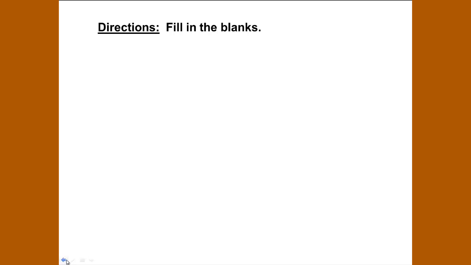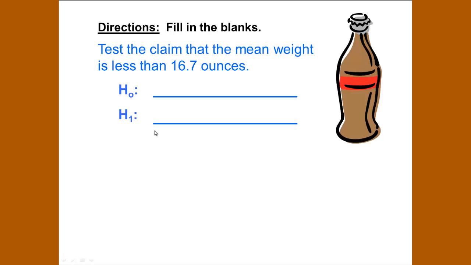Another part seems to be writing the sentence. So our next examples will concentrate on just those steps, leaving out some of the easier steps in the center. Our directions on these are just to fill in the blanks.